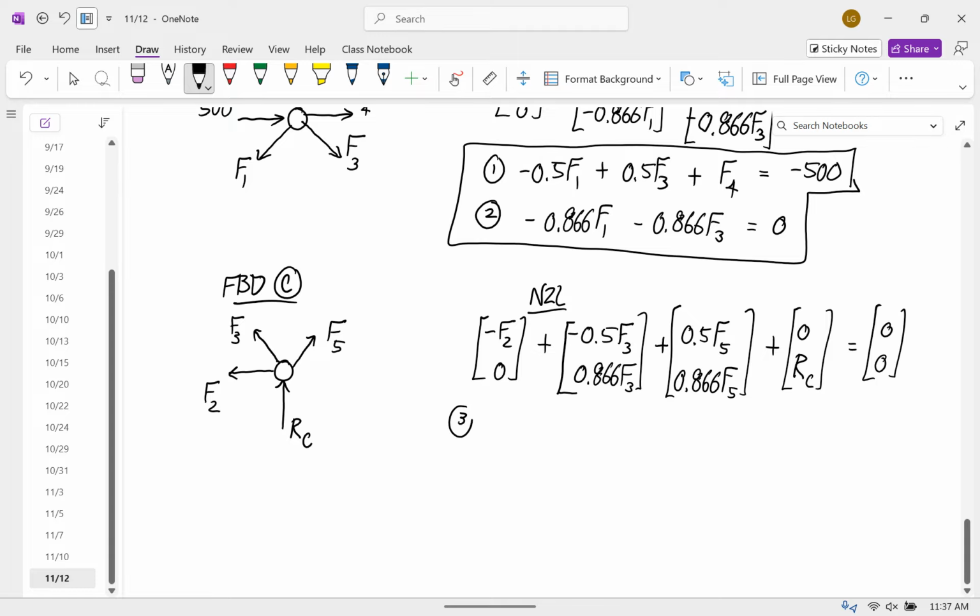So my third equation says negative F2 minus 0.5 F3 plus 0.5 F5 is equal to 0. F5, thank you.